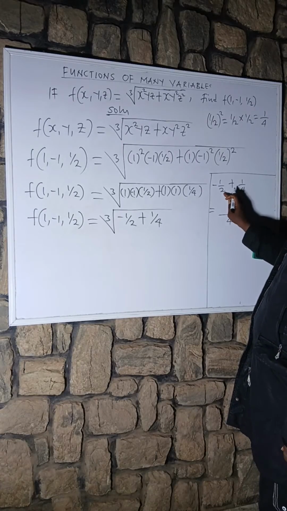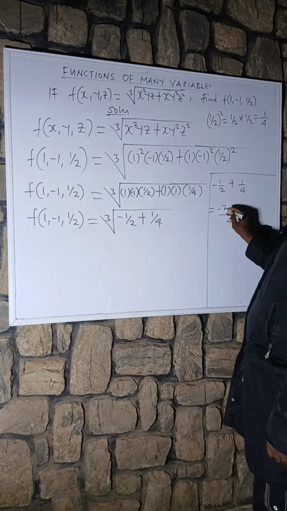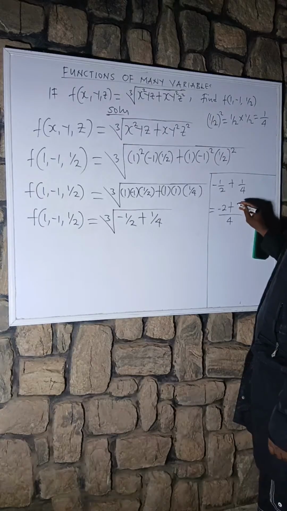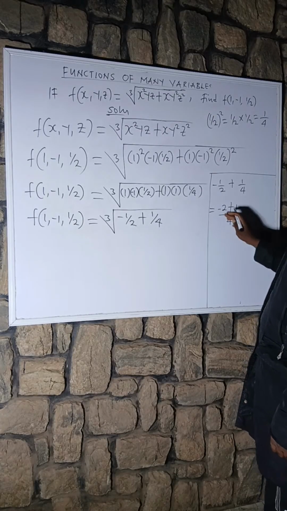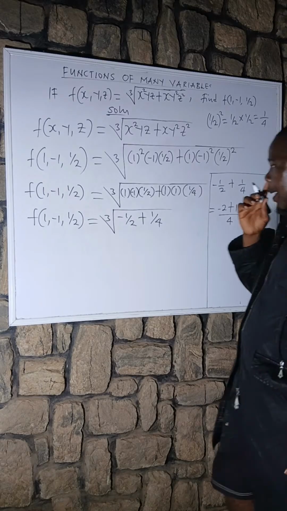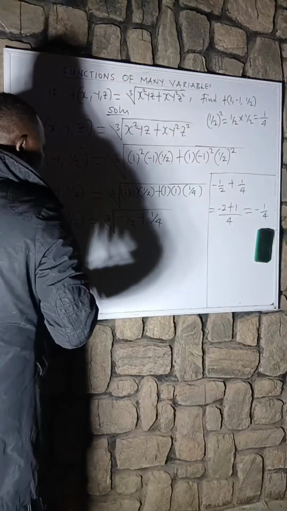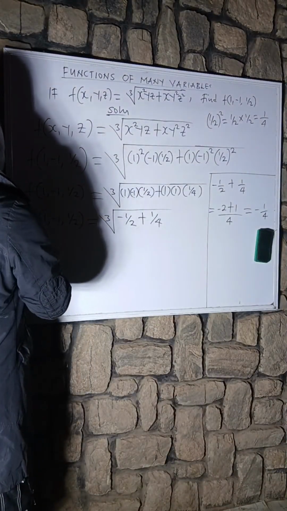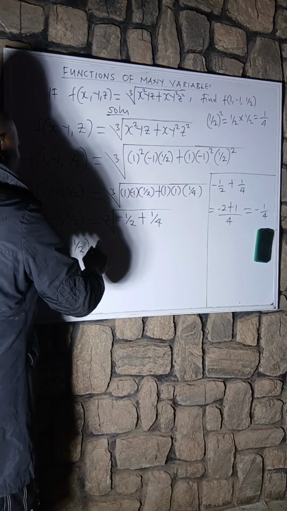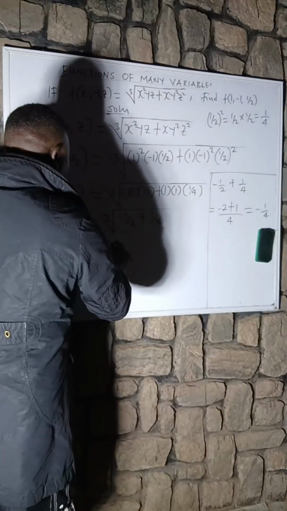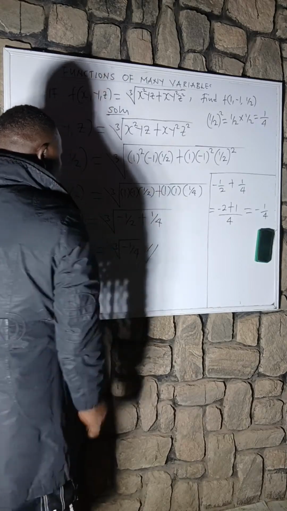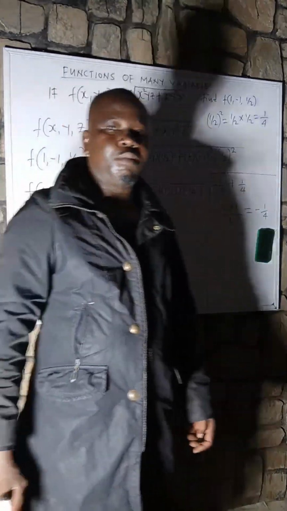So 4 to 2, 2 times minus 1, minus 2. Plus 4 to 4, 1 times 1, 1. So you can now see that minus 2 plus 1 is minus 1 all over 4. It's okay. So here f of 1 comma minus 1 comma 1 all over 2 is equal to the cube root of minus 1 all over 4. Yeah, this is where we can stop.